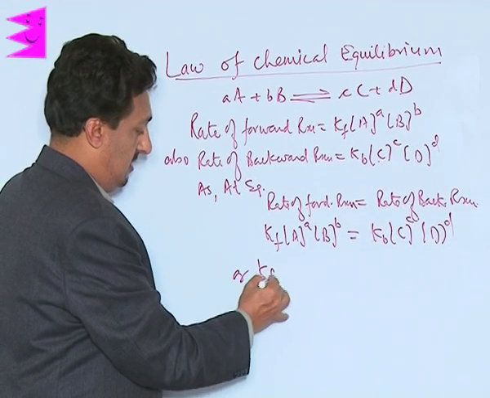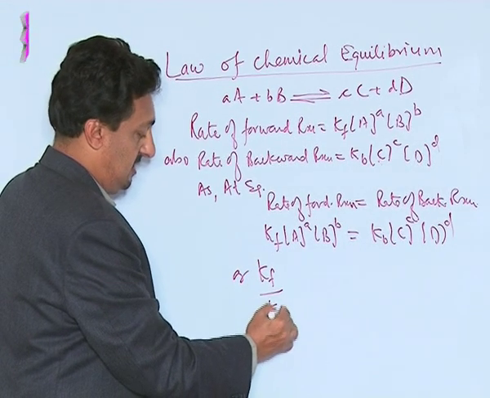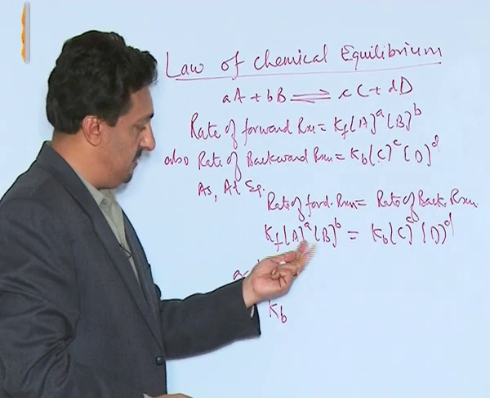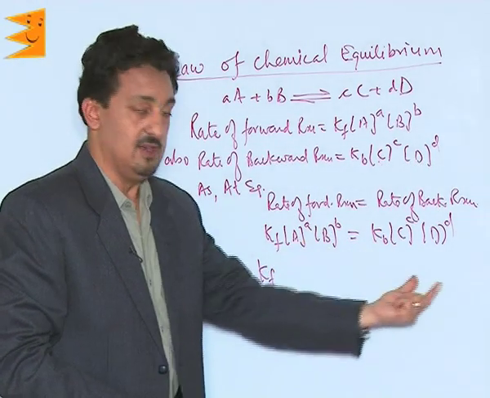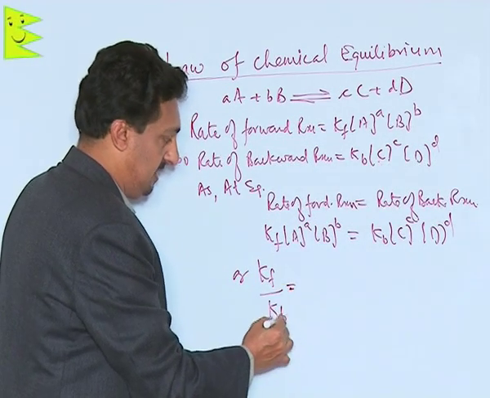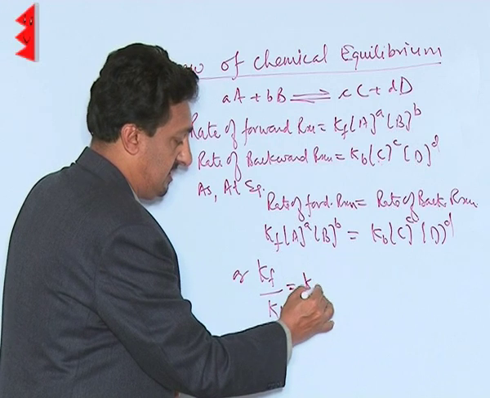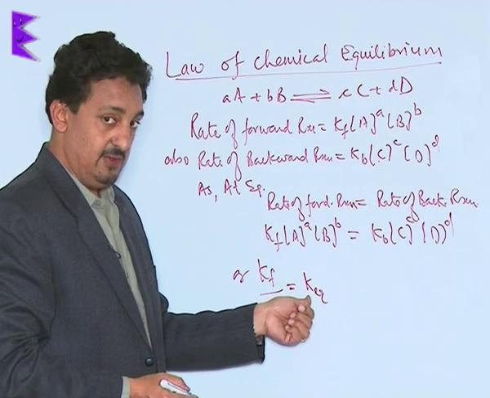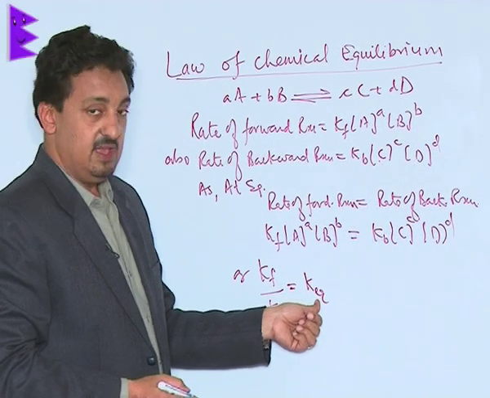Or it can be written as Kf over Kb. We can bring the Kb down here and we can take A and B with the coefficients down here. We can write down this Kf over Kb, which is actually called K equilibrium. We write K, which is indicating the equilibrium constant, with the subscript eq.